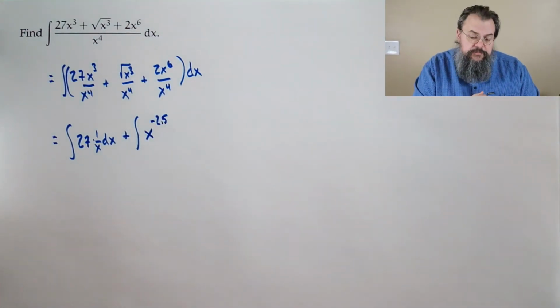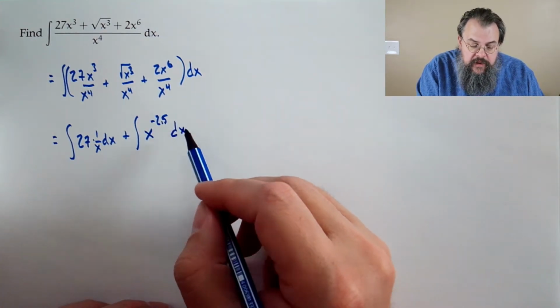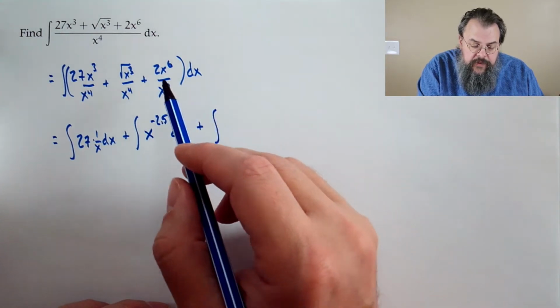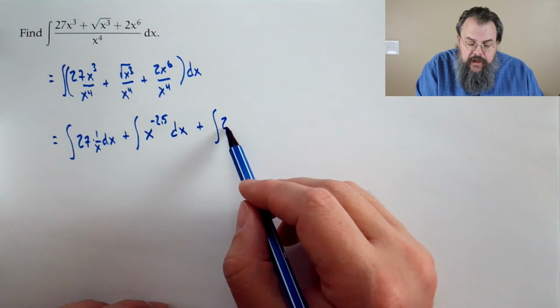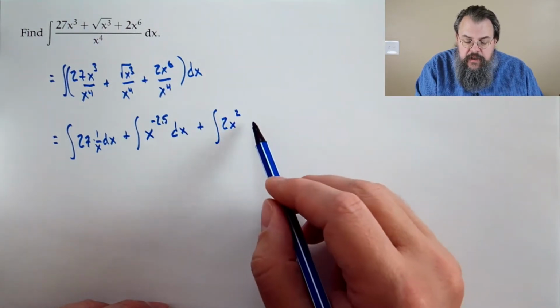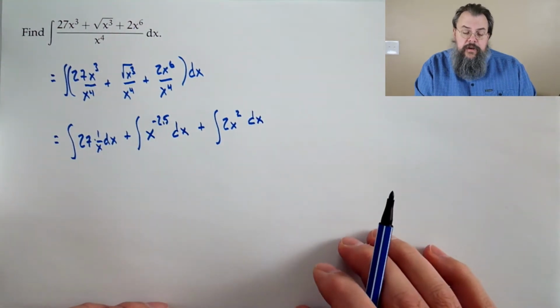Either way is fine. Doesn't really matter. And dx. And plus the integral here, x to the 6th over x to the 4th, that's 2x to the power 6 minus 4, dx. Okay, all right, great.